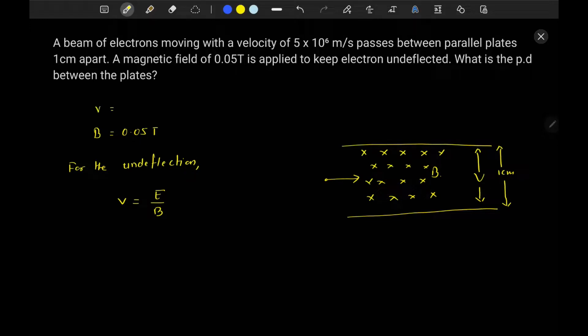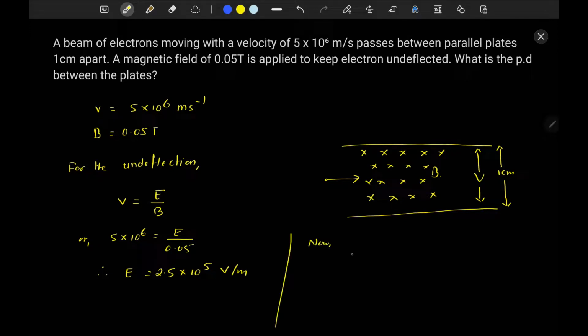The value of v is also provided, 5 × 10⁶ meter per second. We will put these values to calculate the electric field between the two plates. So 5 × 10⁶ is equal to E by 0.05. Therefore electric field is 2.5 × 10⁵ volt per meter.